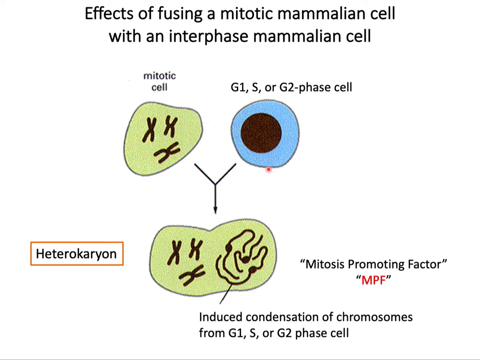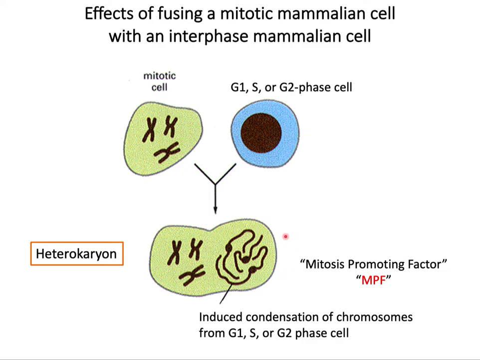You can do this by electroporation. You can do this by incubating the cells with a polyethylene glycol that causes the membranes to fuse. Regardless of the method that you use, you end up with a heterokaryon. So this is a cell with double the amount of DNA.